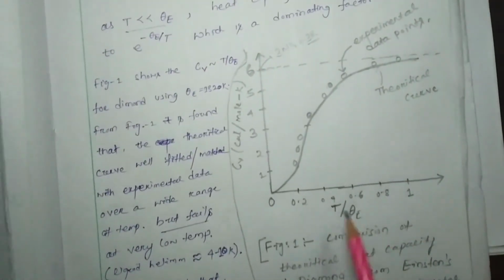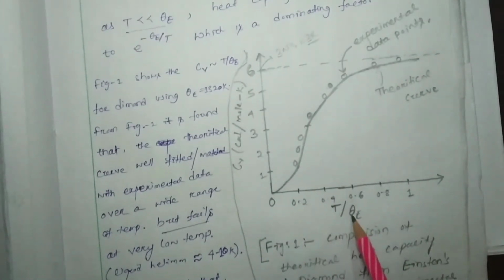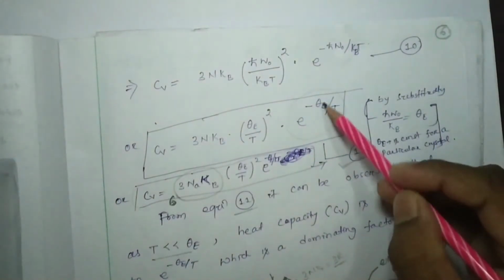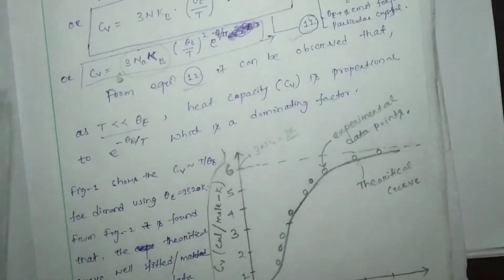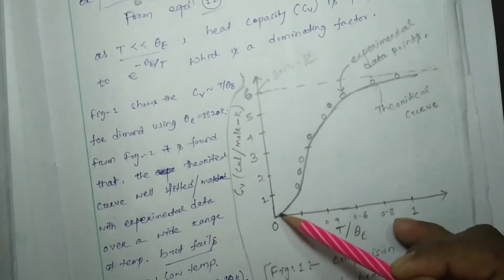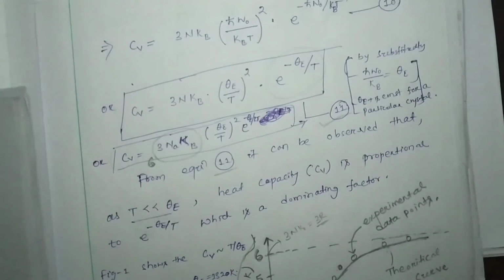Watch carefully. Along the x-axis we have considered T by theta e. Here, e to the power minus theta e by T, whatever it may be, you can check. If we decrease the temperature, this specific heat decreases.